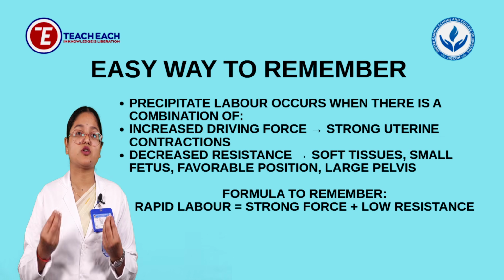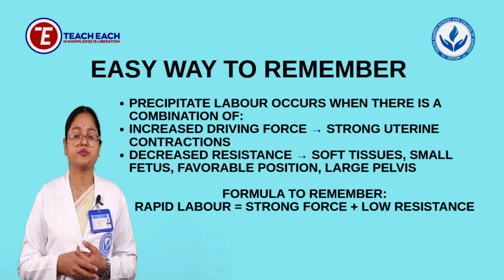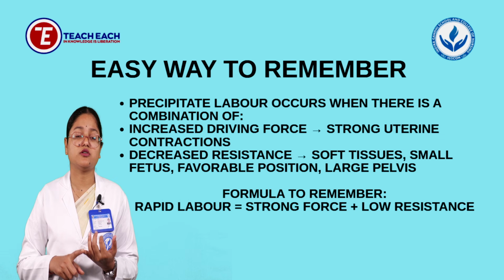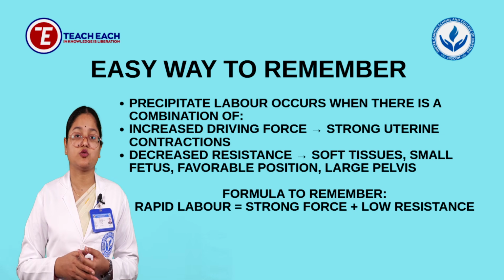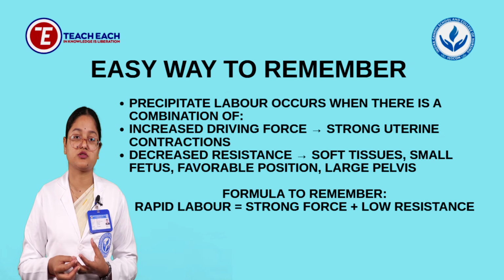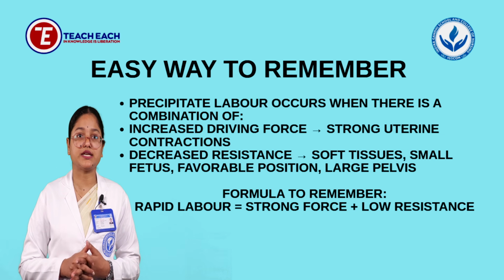In combination, these make the precipitate labor. One formula to remember precipitate labor is simple: a rapid labor. Precipitate labor, or fast labor, equals strong force plus low resistance. When tissues are not capable of holding and the uterus is giving a strong contraction, there will be precipitate labor. Next.